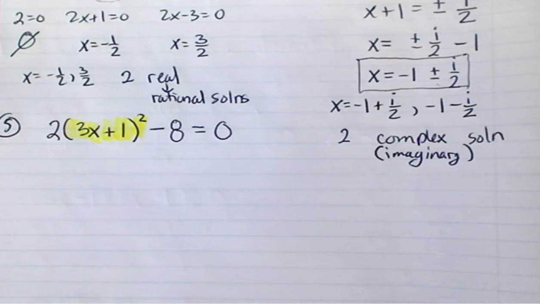Okay. My x is hiding inside those grouping symbols, but I only see one of them. So I'm going to try to isolate it. Work my way outside in.